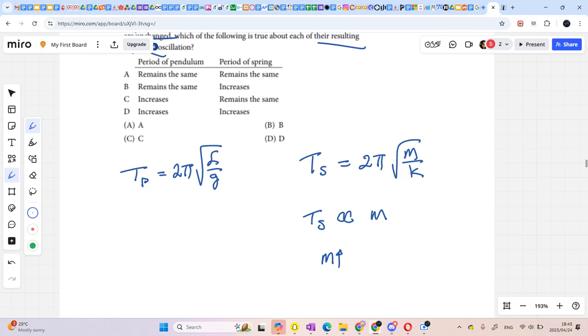That makes sense intuitively, because the more mass you have on a spring, the harder it is to move because there's more inertia, and thus it takes longer for the spring with the greater mass to complete one full period of oscillation. So for the pendulum, it remains the same; let's cross out C and D. For the spring, it increases. So our answer is B.